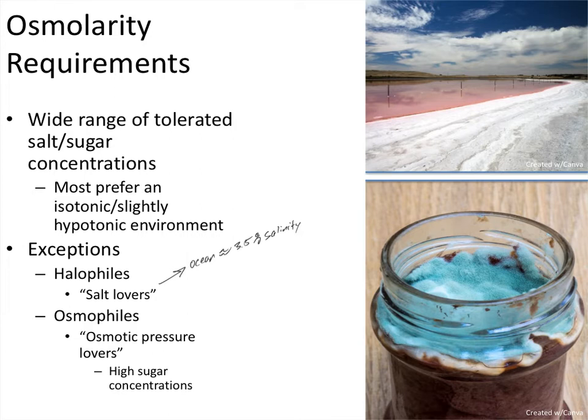And that amount of sugar typically inhibits the growth of anything, including microbes. However, there are some out there, especially common in certain types of fungi. Not quite as common with bacteria, but many fungi technically are osmophiles. And they like to grow in these really, really sugary conditions.